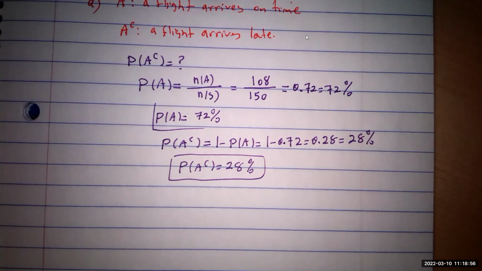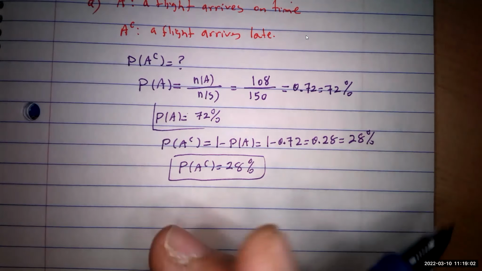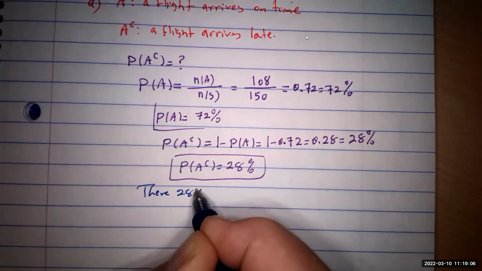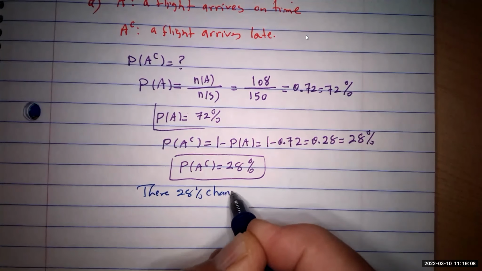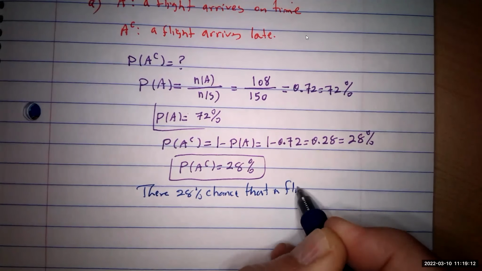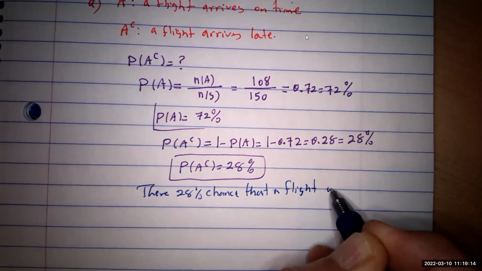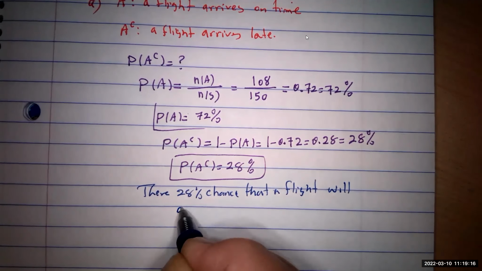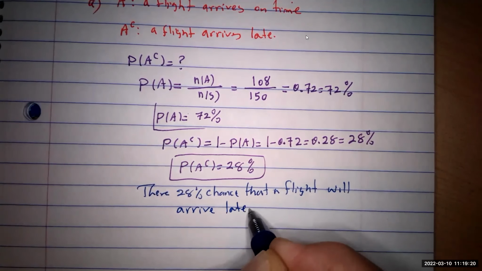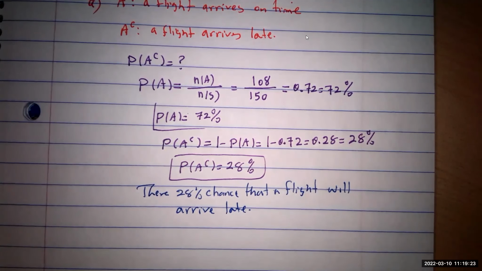So there is a 28% chance that a flight will arrive late. Just write this down for your information. Okay, that's the first part.